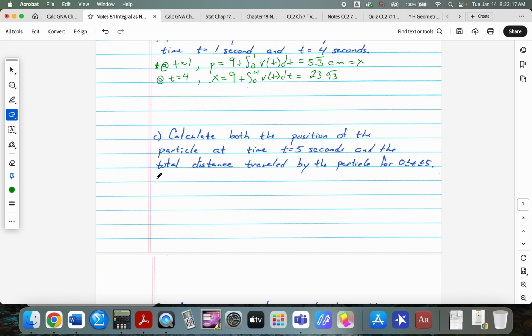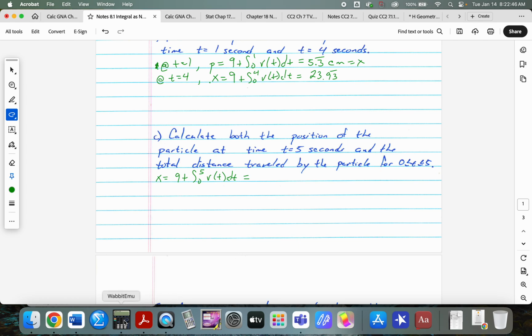All right, so the position is going to be x equal to 9 plus the integral from 0 to 5 of v of t dt. And by the way, on the AP exam, if they name a function, when you're writing it in the integral, you don't have to copy all of that into the integral. You can just call it by whatever name they gave it.